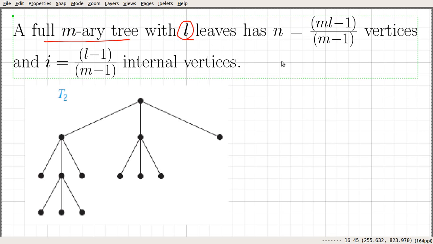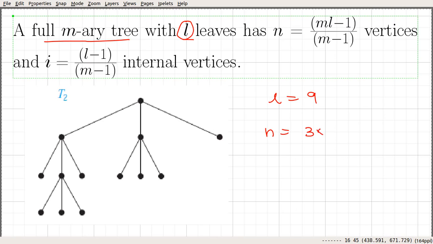So let's see whether this statement holds for this full 3-ary tree. Here the total number of leaves is 9: 1, 2, 3, 4, 5, 6, 7, 8, 9. Let's find n, and here this is a full m-ary tree, so m is equal to 3.